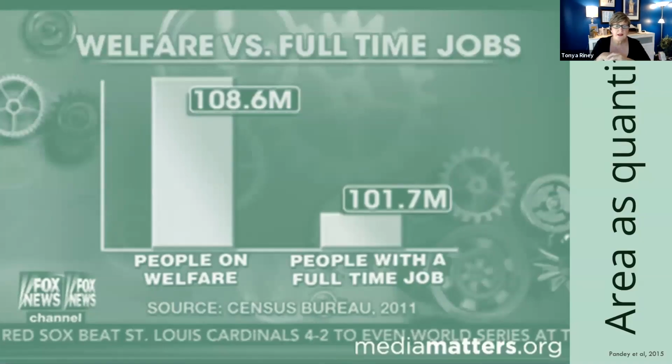Area as quantity. This is not a good screenshot, but it is very accurate. It was real, right? It's clearly a broadcast. And we're looking at area as quantity in terms of people on welfare and people with a full-time job. And really, the differences in the overall numbers here are not substantial. They're not significant. And so area as quantity can be distorted as well.